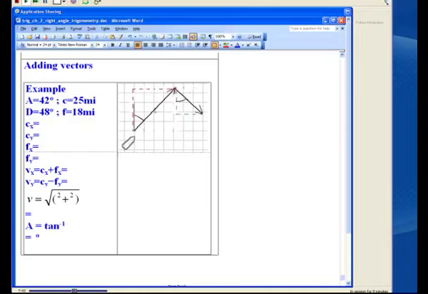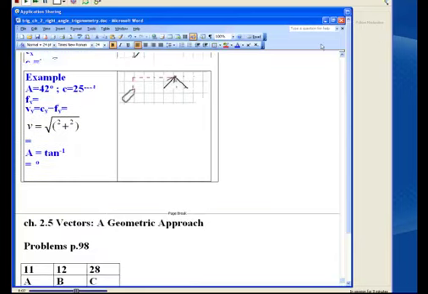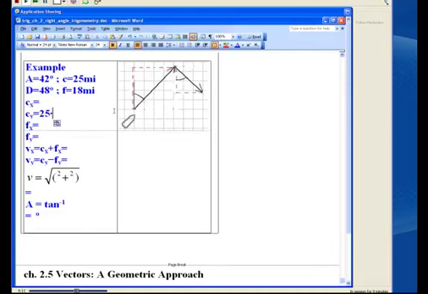Well, the angle is given, the hypotenuse is given, and the adjacent in this case is actually the y component. So we're going to have here 25 miles times cosine of 42 degrees.